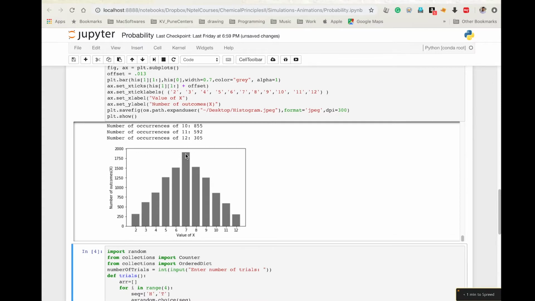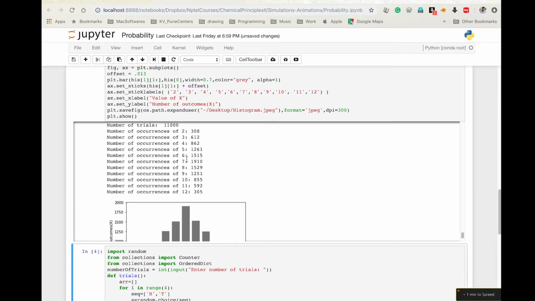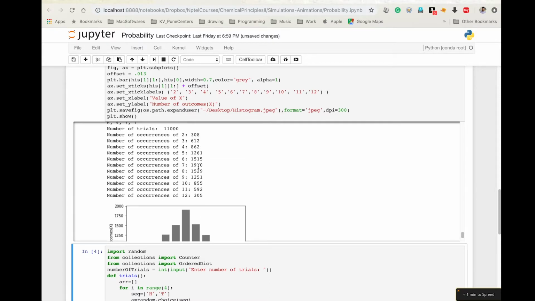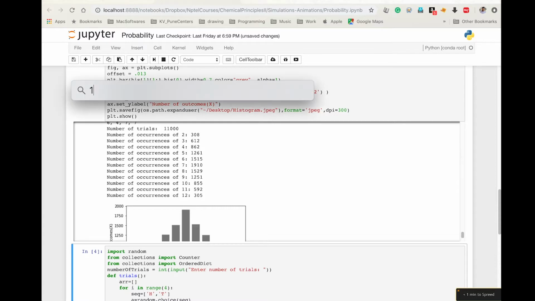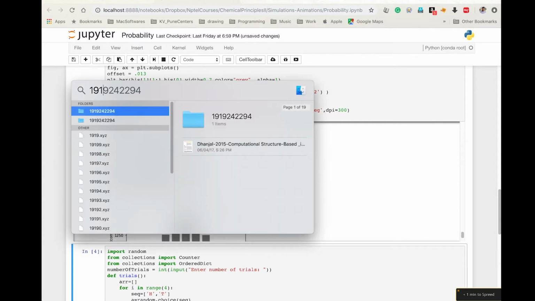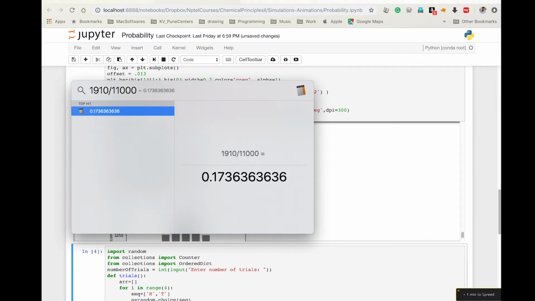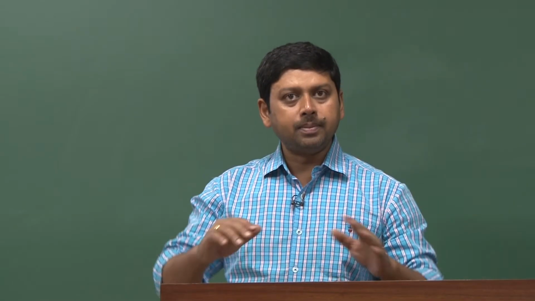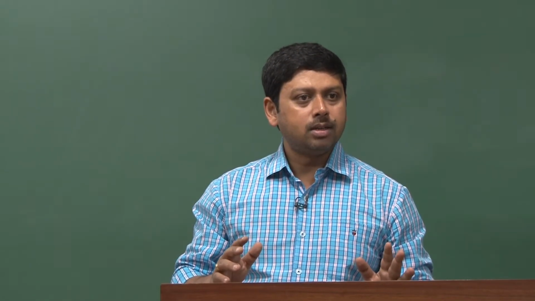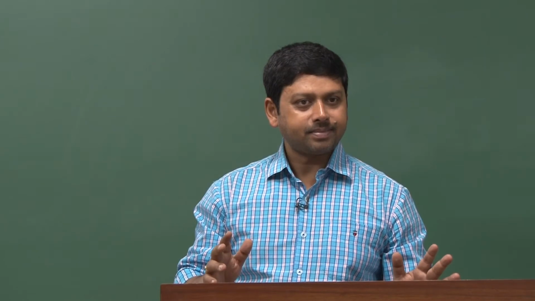As you can see, 7 has now become maximum, and if you want to calculate its probability, I can do that. 7 has come 1910 times, and 1910 divided by 11,000 is 0.173. We are expecting 0.167. So, although it becomes symmetric, it is still not perfect yet.